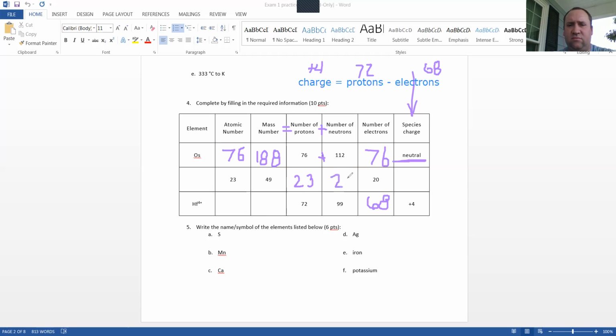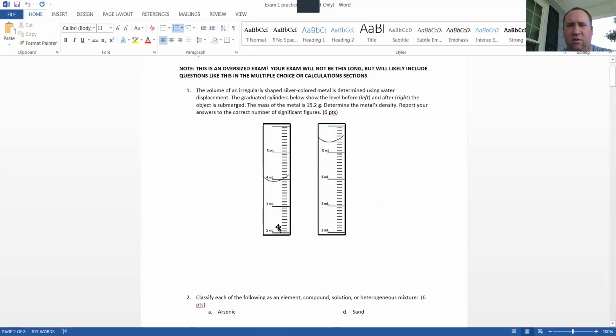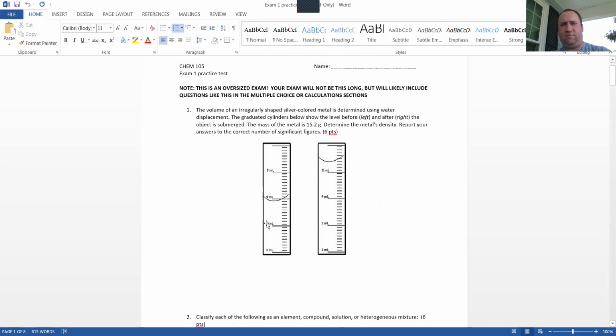I got that down. Okay, that first one, the volume of an irregularly shaped silver colored metal. When it says determine the metal's density, that's D equals M over V. Mass, volume. So you have to use the difference in the volumes.